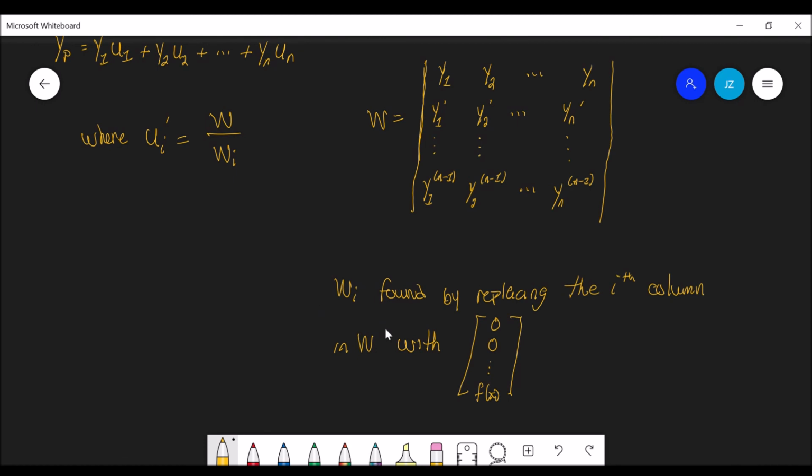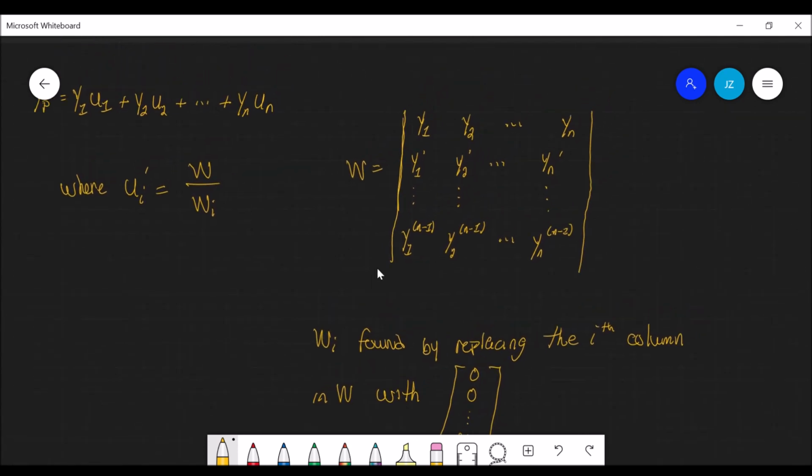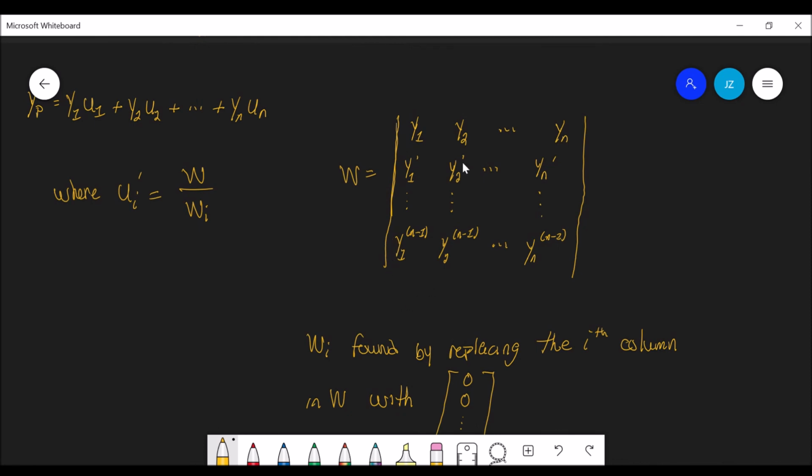Then each wi would be found by replacing each of the 4 columns with 0, 0, 0, f of x. The fourth entry would always be your f of x. Everything else would be 0. So your last entry in wi is always f of x. Everything above it will always be 0. So w1 would be found replacing this column with 0, 0, 0, f of x. w2 would be replace this column, so on and so forth.